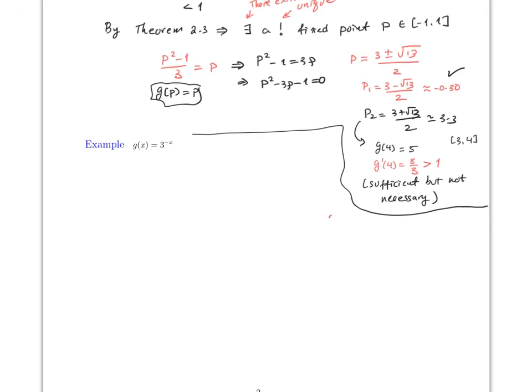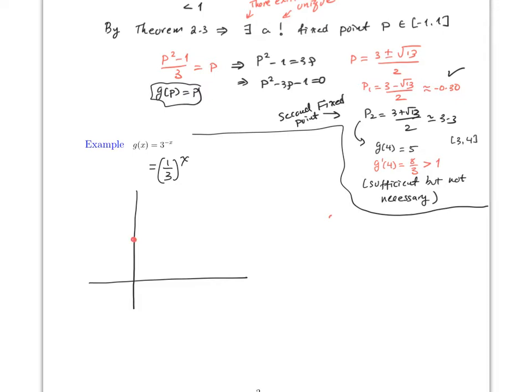Let's look at another example, similar to the second fixed point. Okay, so remember, this is the second fixed point, which doesn't go with the theorem, but you still have a fixed point. All right, so remember that this is the same thing as 1/3 to the x. Now, if we're going to graph this, hopefully you remember that the graph looks like this.